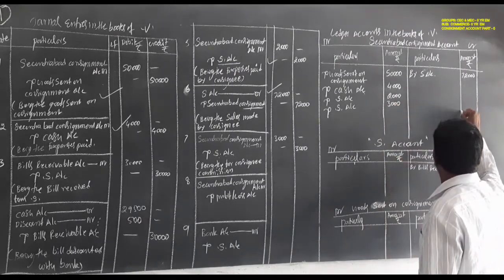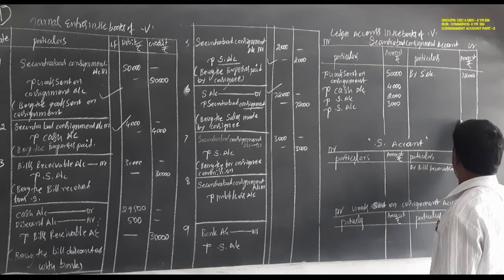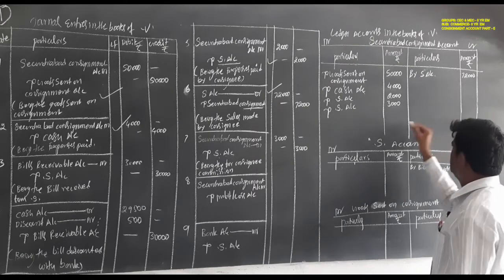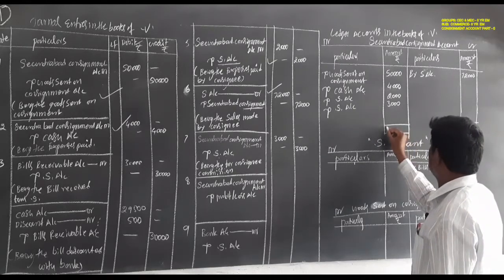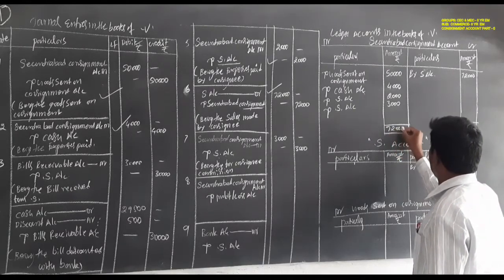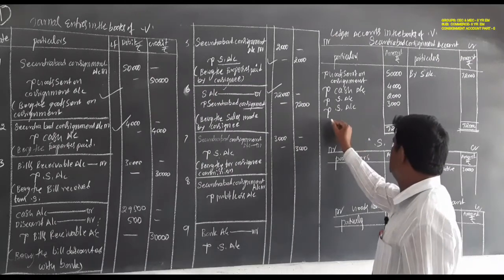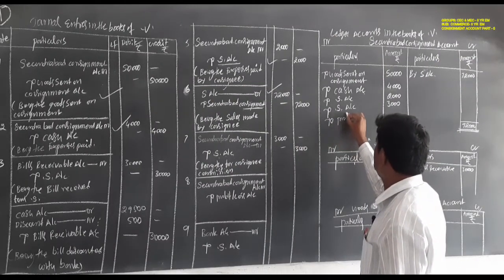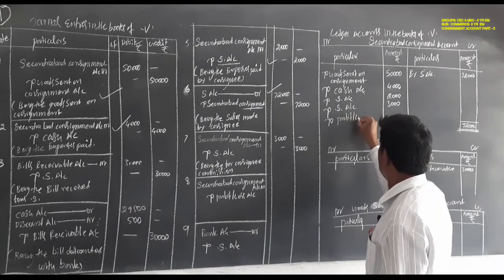And first of all total them, which side is the highest amount? 72,000. So credit is more than the debit. It is called profit or loss account.